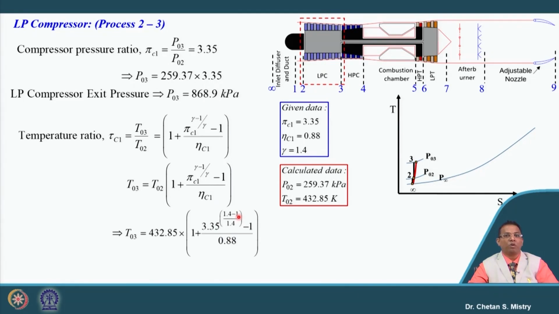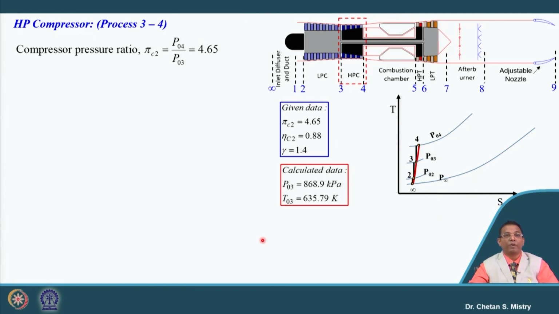So based on that we can do the calculation for the exit temperature. Since my pressure ratio is 3.35, compressor efficiency is given 88%, and T02 we have calculated from the exit of our intake, it says my temperature is coming 635.79 Kelvin.